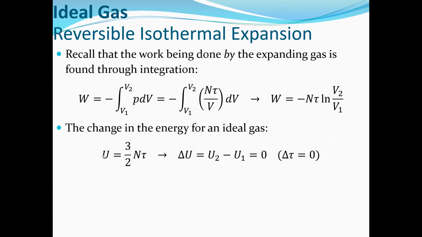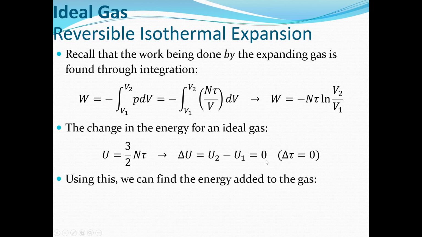Since the temperature, once again, is constant, it's an isothermal process, that means the change in internal energy is going to be zero. Now, we can combine all this to figure out what the heat added to the system was. Because it's an isothermal process, one of the neat things about it is that the work done by the system is going to be equal to the heat added to the system.